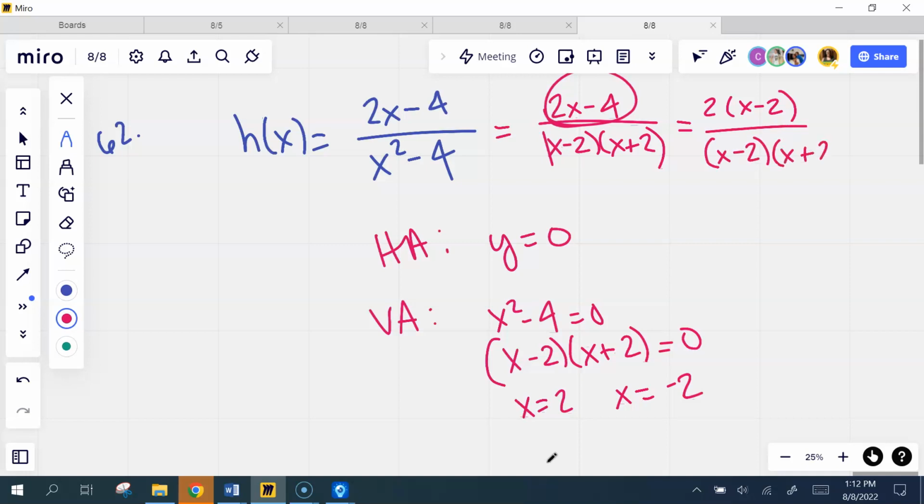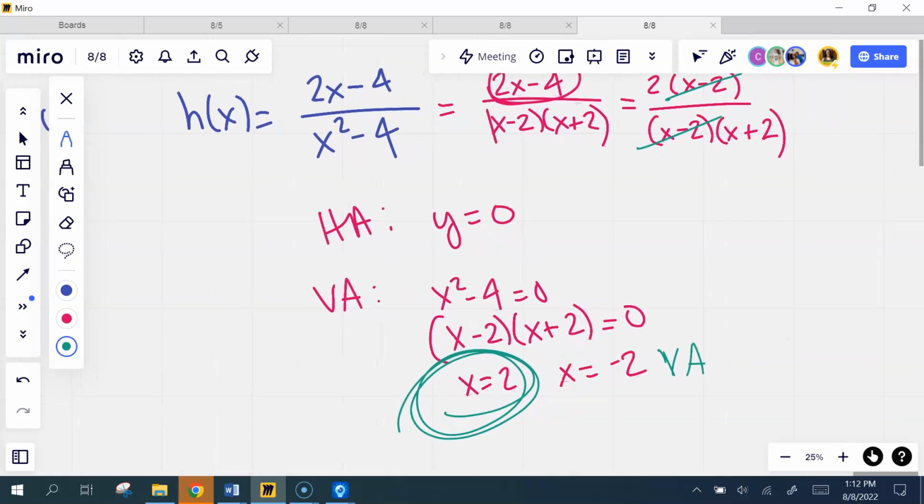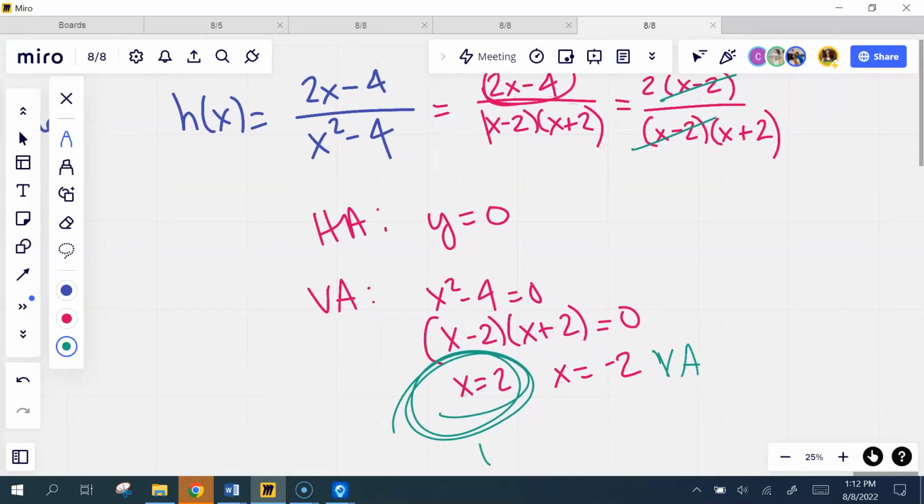What do you notice now? That means that this is a vertical asymptote, but what is this? What did we say that means? It's a hole. This one only has one vertical asymptote.